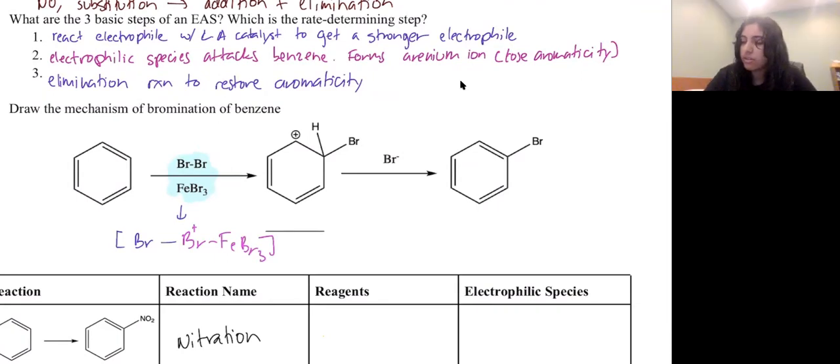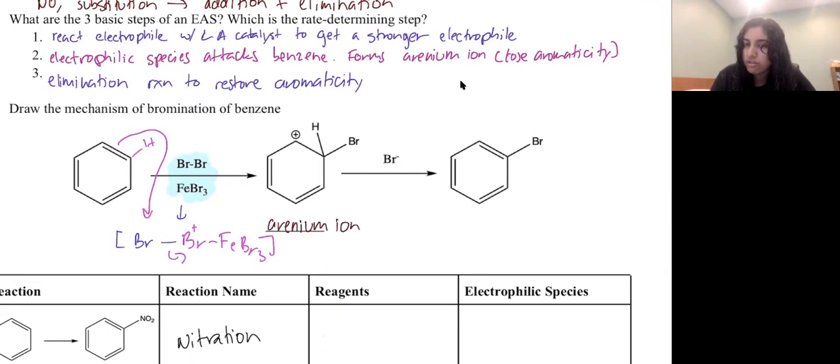Now this is electrophilic enough that the benzene can attack. The benzene goes in and attacks this bromine and kicks off the rest. Then you get this intermediate called the arenium ion.